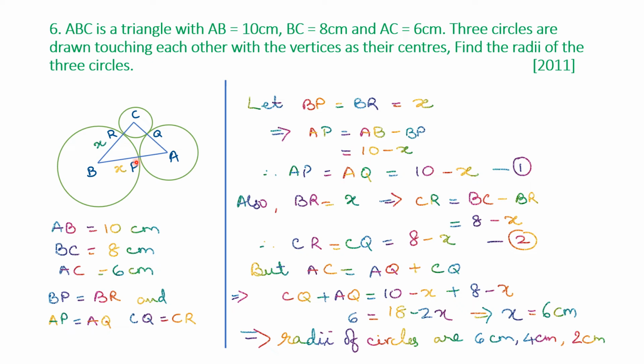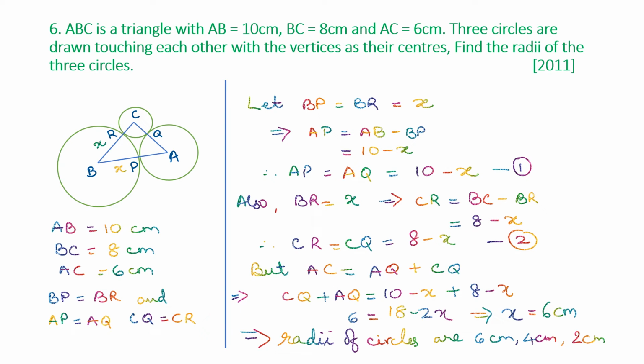Now, if I take BP and BR to be equal to X, then, because AB is equal to 10, I will get AP as AB minus BP, which is equal to 10 minus X. Same way, AQ will also be equal to 10 minus X. Now, if BR is equal to X, and since BC is equal to 8, I will get this small part CR to be 8 minus X.